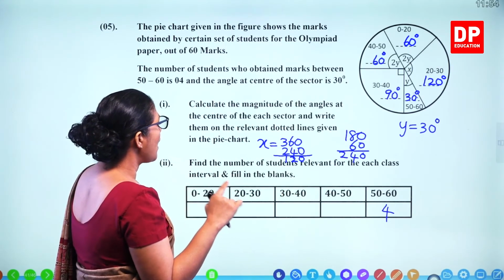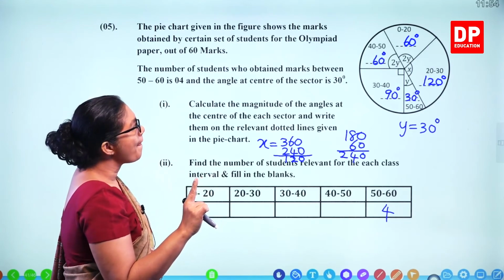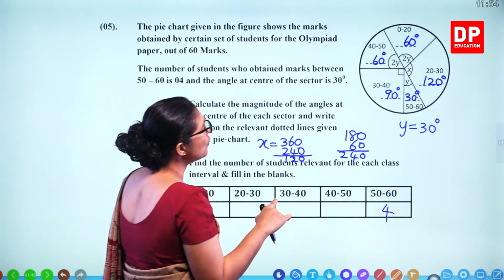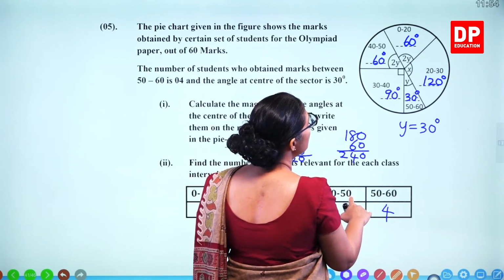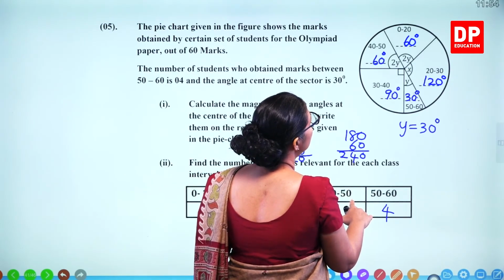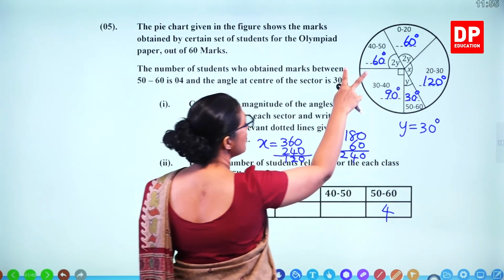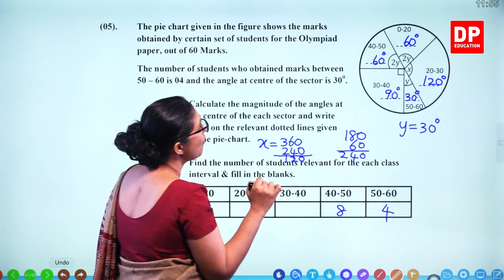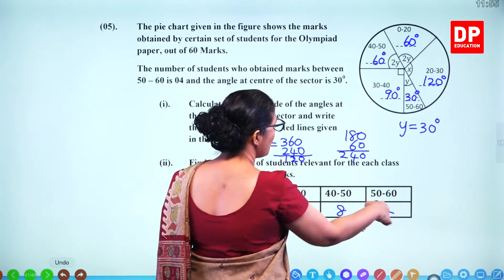Now you have to find out the numbers. 30 means 4. 40 to 50, that's 60. That's double of that. So that means 8. So we found 40 to 50 is double of this, 8.